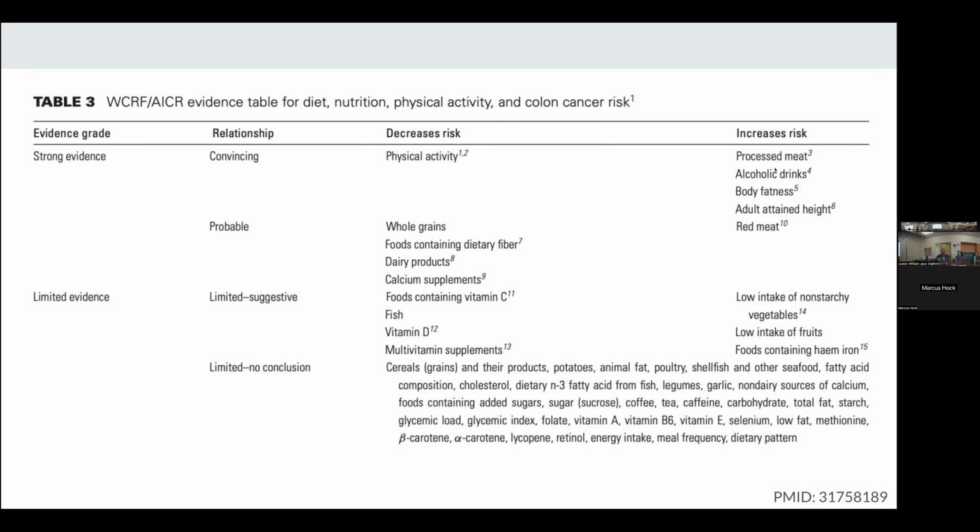So meat consumption, excess alcohol consumption, processed meats, elevated BMI, and adult attained height, which is just another way to say the taller you are, the more likely you are to develop colorectal cancer.